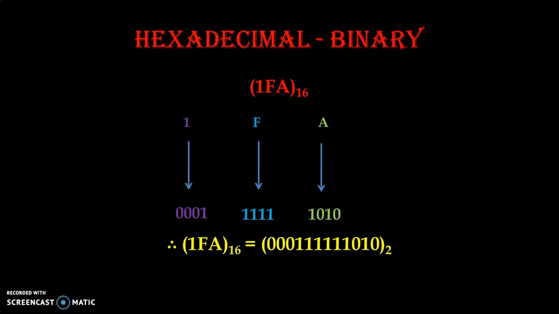There will not be any significant change in the value. So for the sake of simplicity, we can write 11111010. That is the equivalent binary number for 1FA. This way we can eliminate zeros in the integer value on the left extreme side.